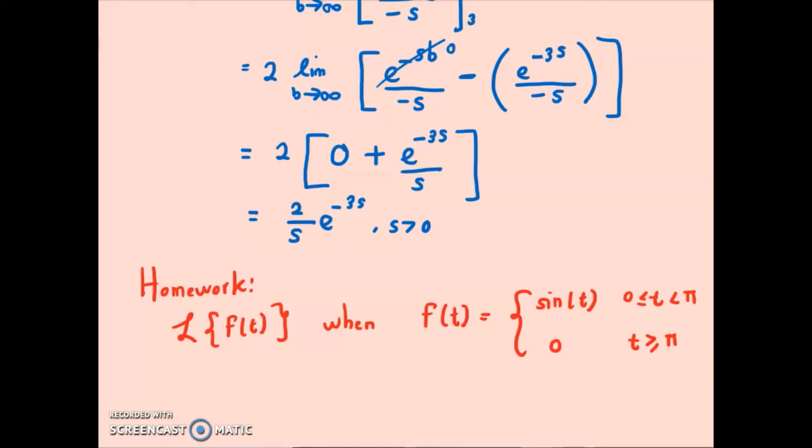Okay, so this is your homework. Maybe I can write the answer so that you can check your solution later on. The answer should be (e^(-pi s) + 1) over (s squared + 1). Okay, this is the answer. This is your homework.